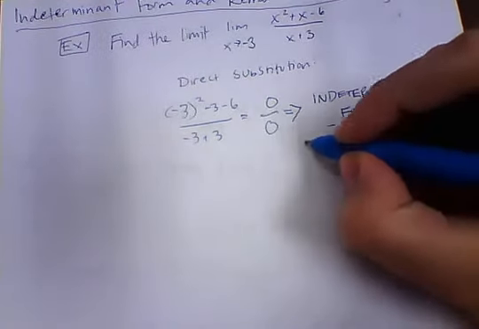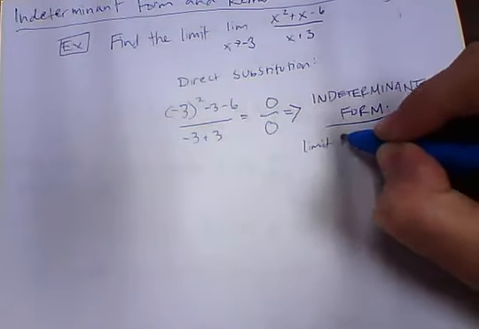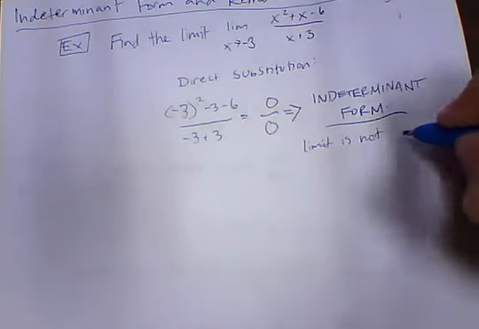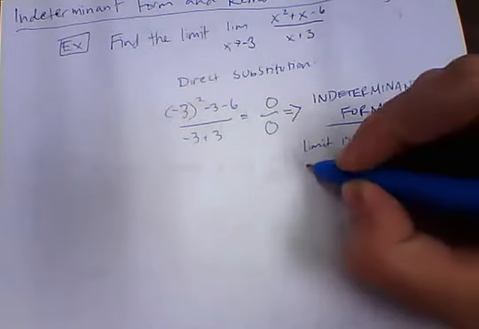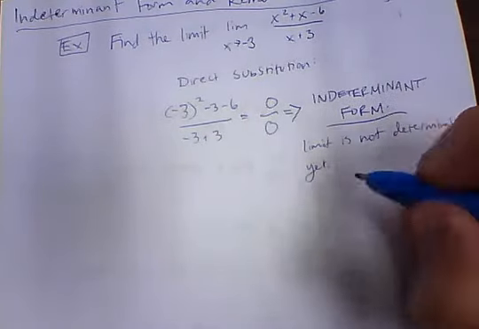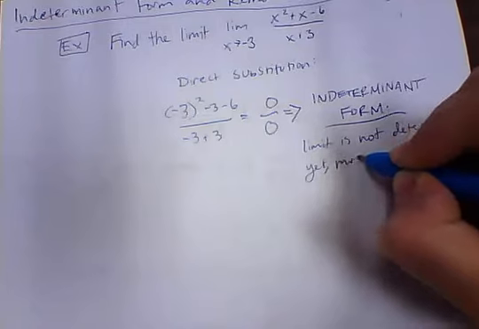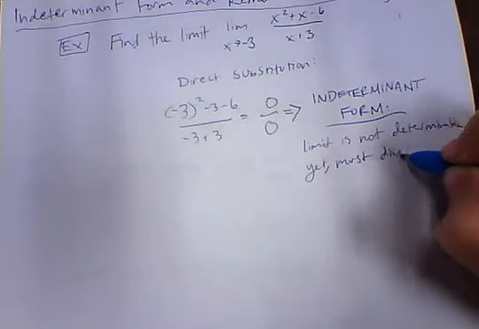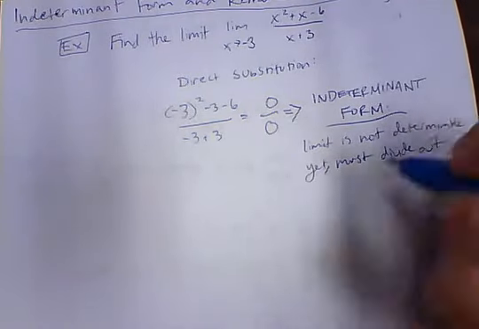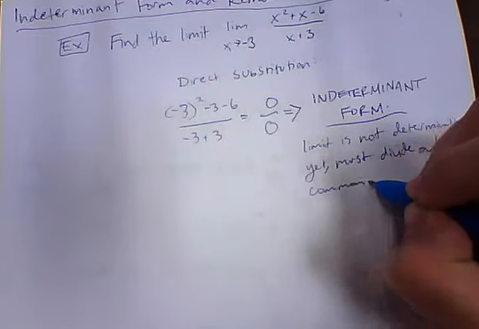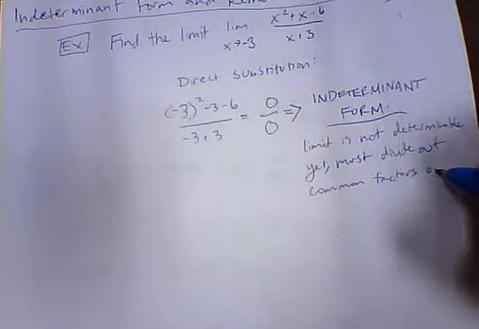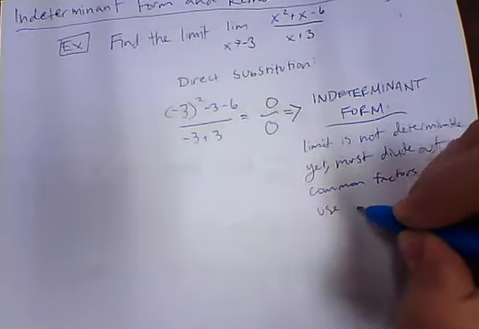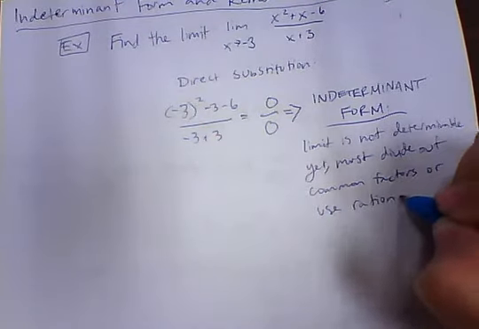What this means is that the limit is not determinable yet. What we must do is divide out common factors, or we can use a rationalizing technique.